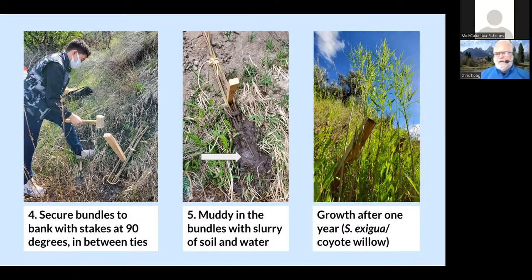And then in the top, like that top quarter, we'll take a little piece of wood or a rock and lift that top up a little bit and slide that in behind it against the bank. And that gives that top more exposure to sunlight and allows it to produce more leaves.